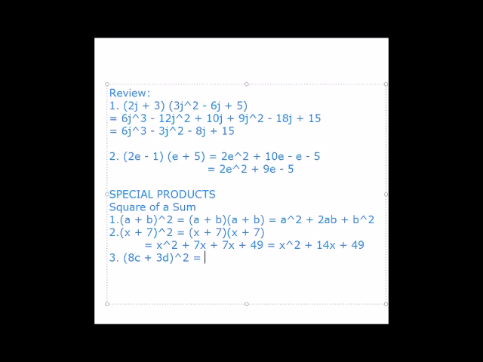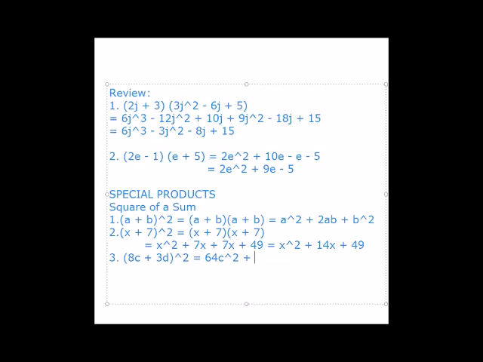The first term is 8c, 8c times 8c is 64c squared. Then multiply the first and the second term: 8c times 3d is 24cd.